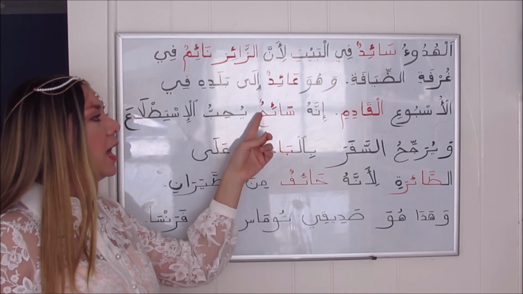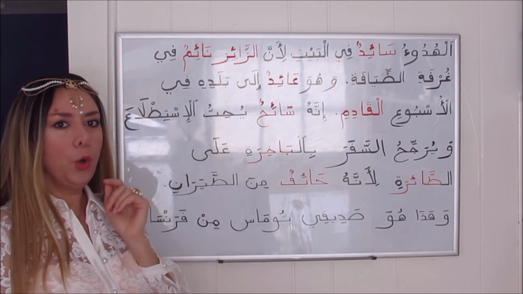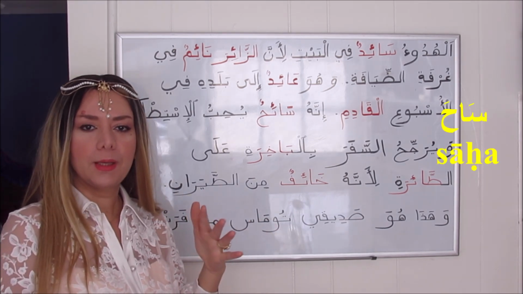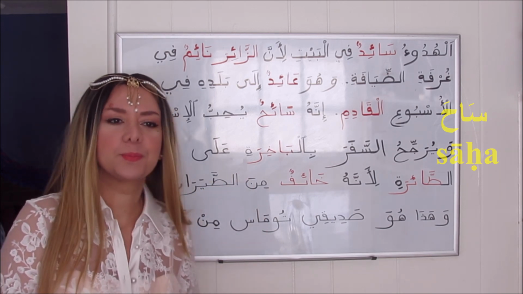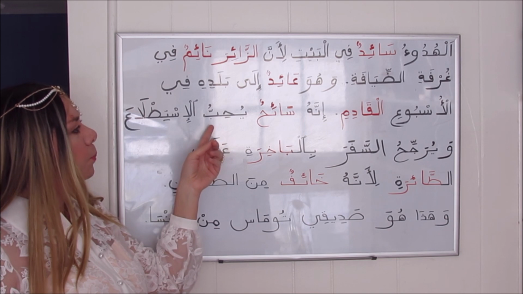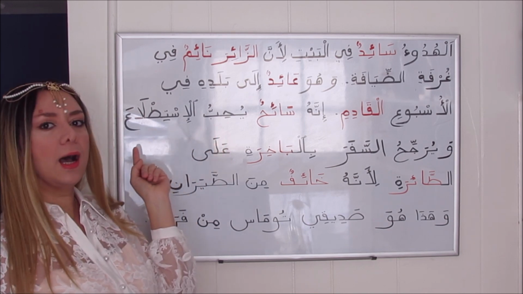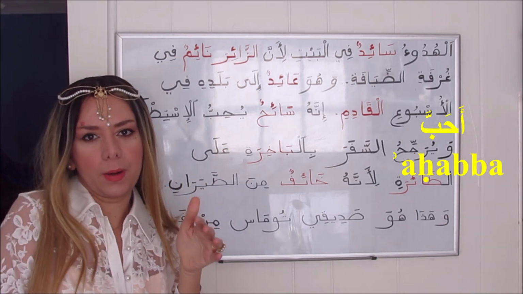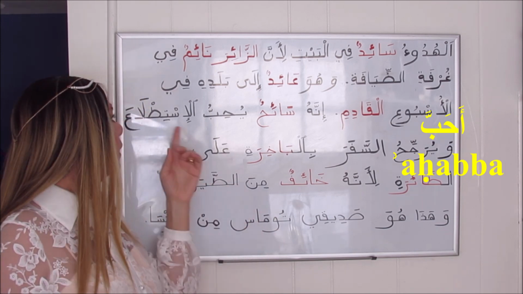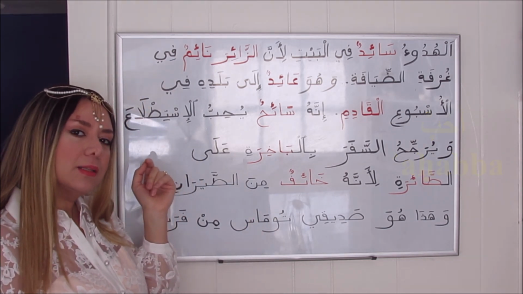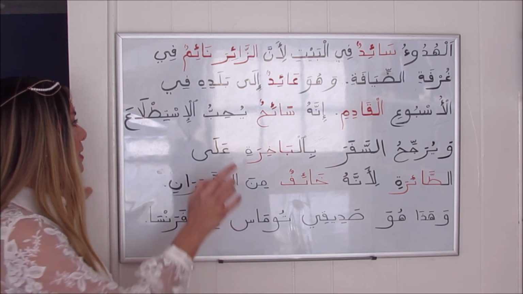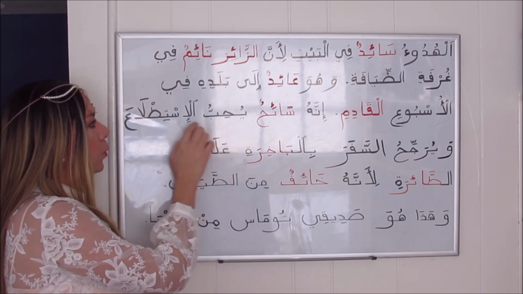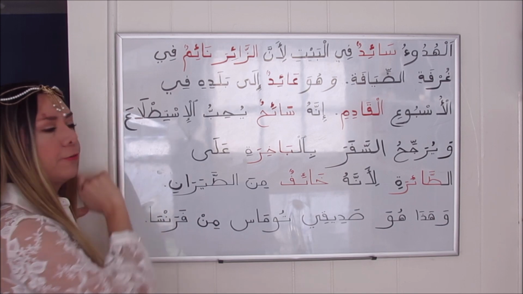إنه سائح. سائح, of the verb ساح, to travel. سائح, traveler. يحب الاستطلاع. يحب, of the verb أحب, to love, to like, to enjoy. الاستطلاع means exploration. الاستطلاع is the object of the verb يحب in the accusative with the sign of فتحة.